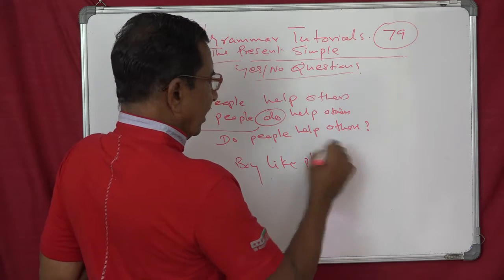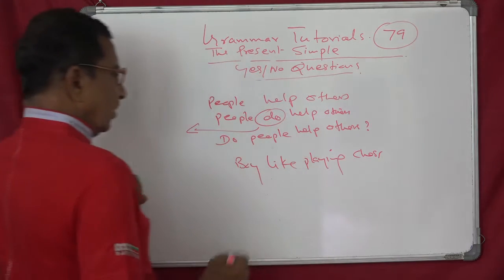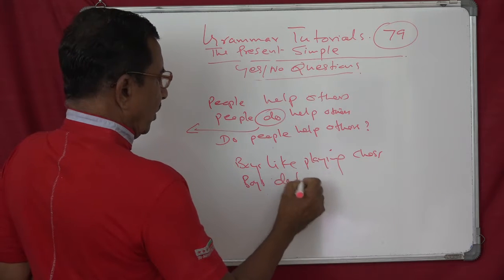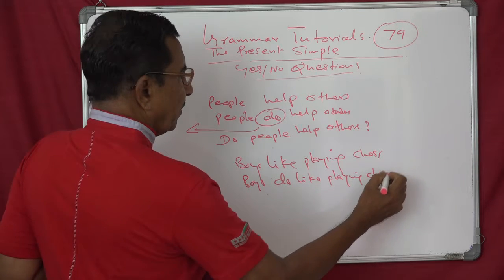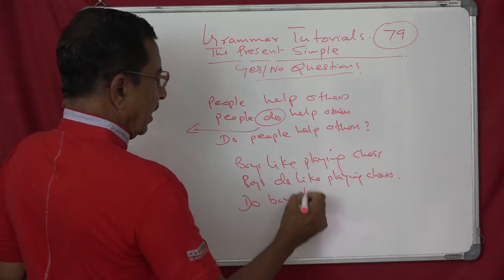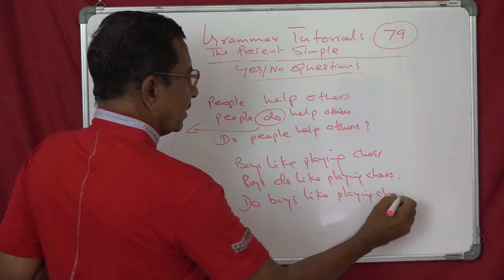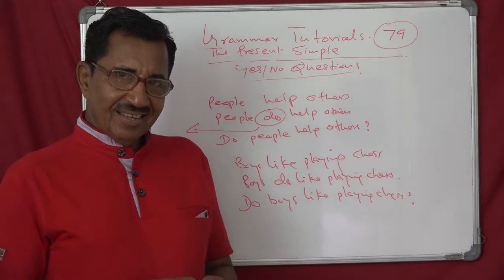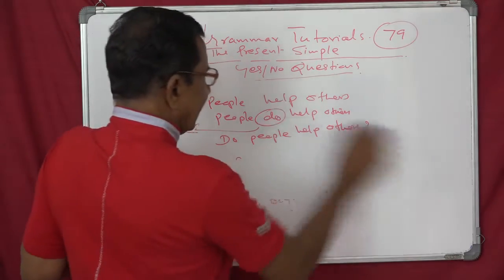Playing here is not a participle. Playing chess. So, boys do like playing chess. And you have, do boys like playing chess? Question mark. Clear? Alright?